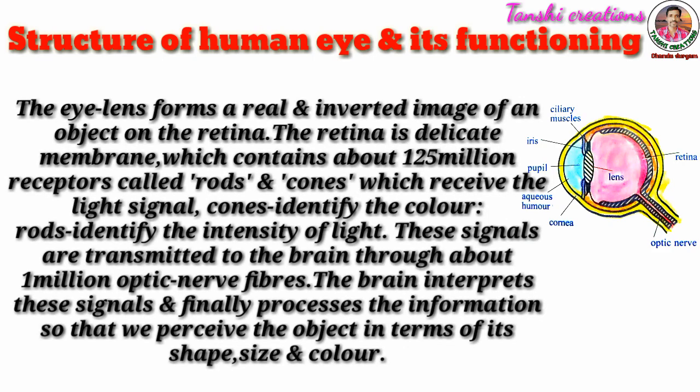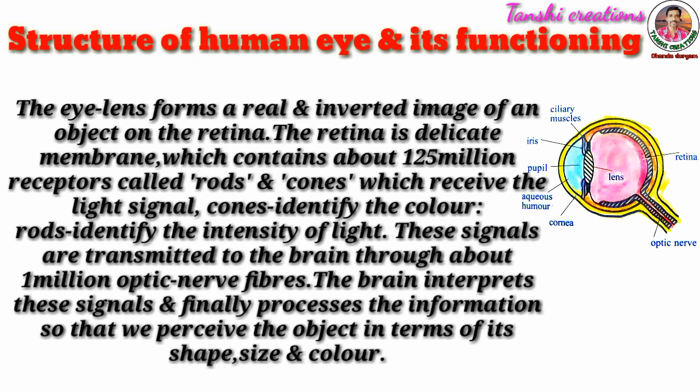The eye lens forms a real and inverted image of an object on the retina. The retina is a delicate membrane which contains about 125 million receptors called rods and cones, which receive the light signals. Cones identify the color and rods identify the intensity of light.